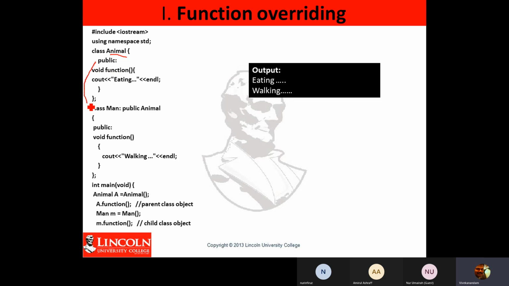Then this we call the derived class. See, in Animal, the void function is eating, and in the derived class walking. Here this is just overriding.